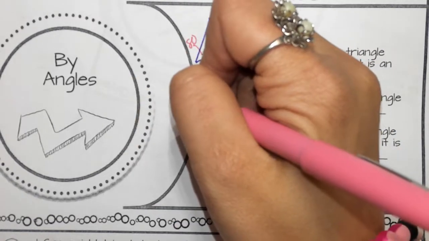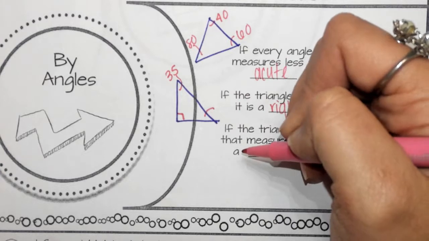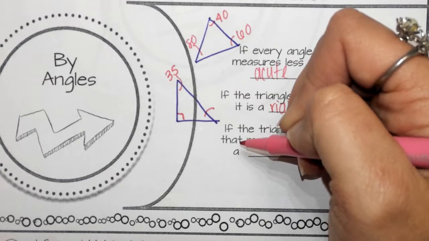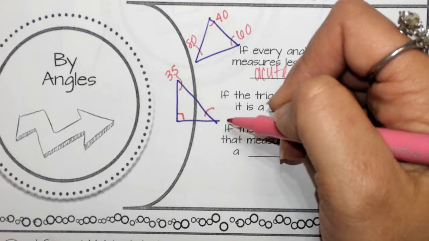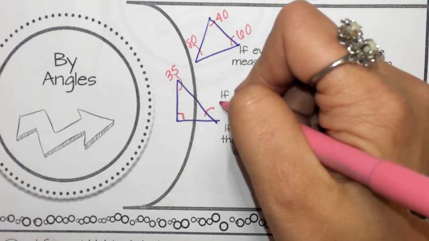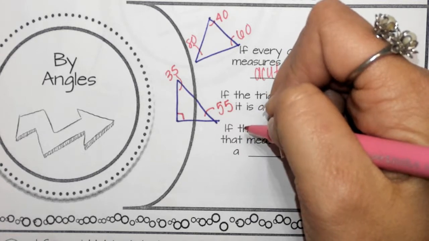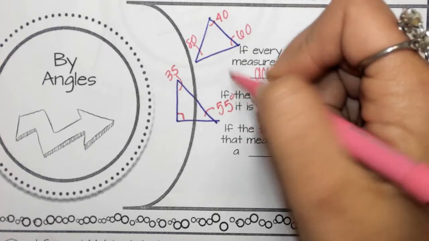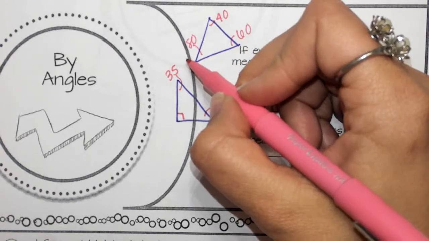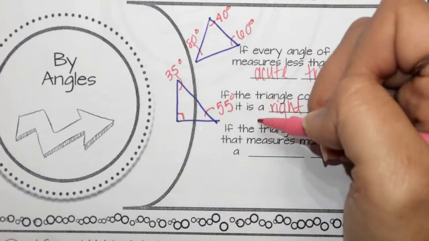Yep. So we could say that this is 35. And if that one's 35, what does this angle have to be? 90 minus 35 is 55.